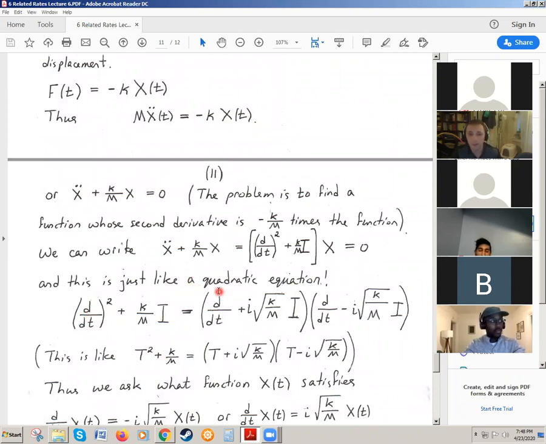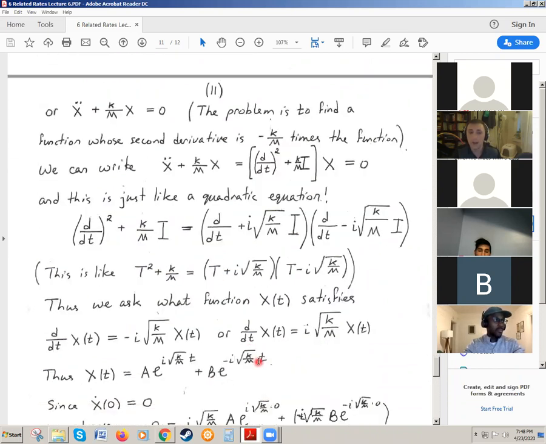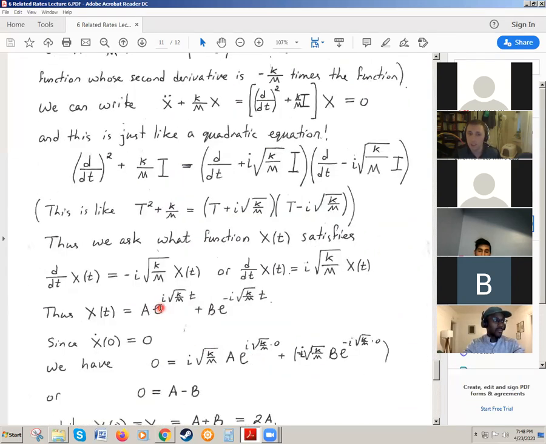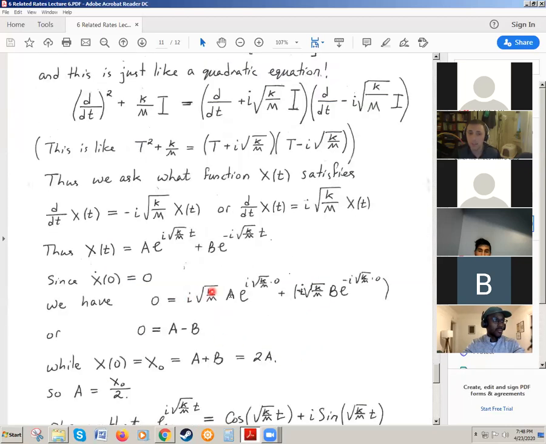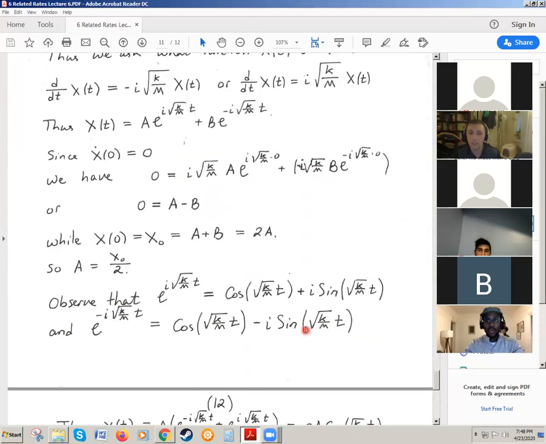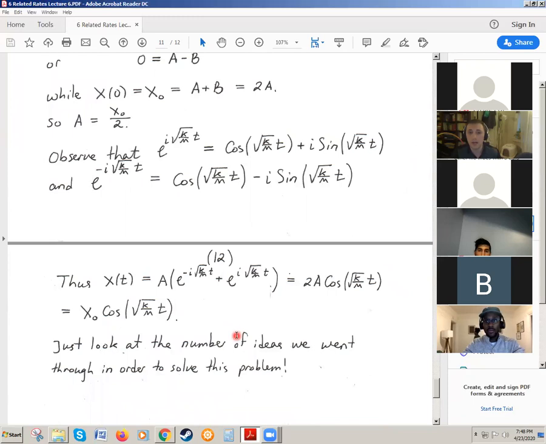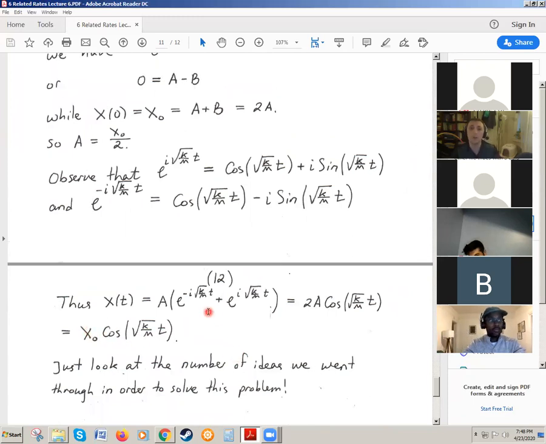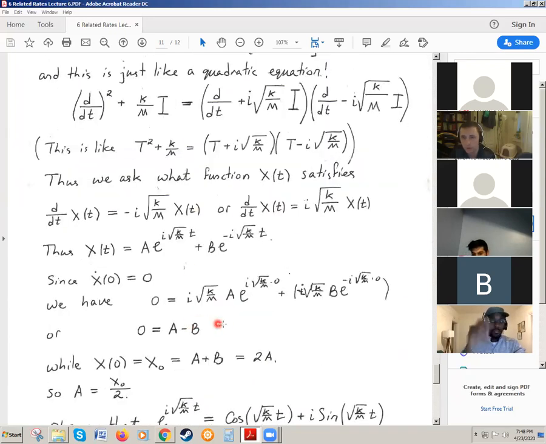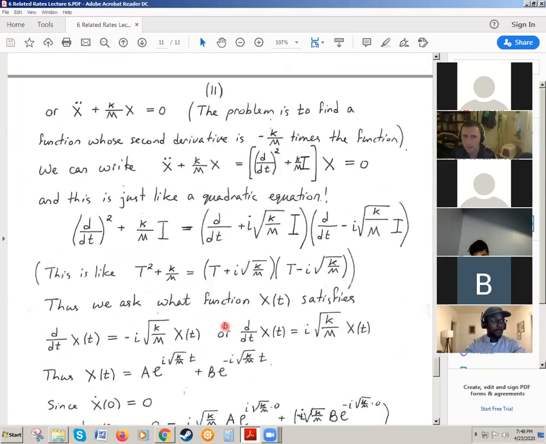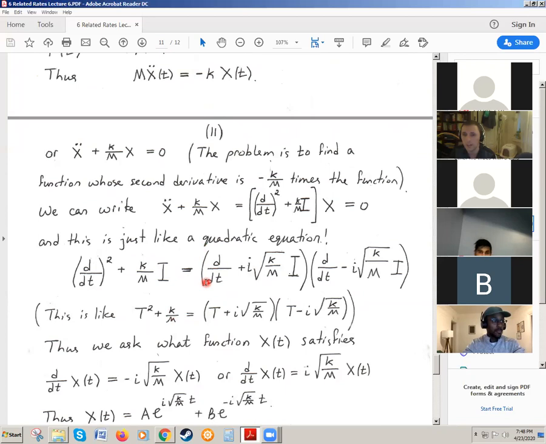You have the number i, the root of -1. You have the relationship between the exponential e and trigonometry, right? And once you go over all of it, you get this formula. You understand? That's not the way I solved it originally, but how many ideas did I go through to figure it out?